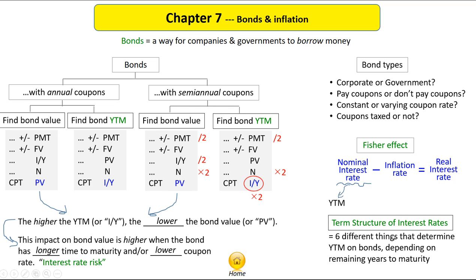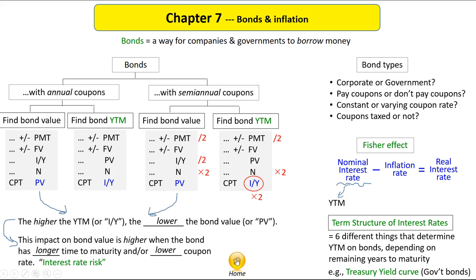So there are a lot of things that are put together in this topic. And one example of the term structure of interest rates was specific to federal government bonds, called the Treasury Yield Curve. That's the graphical relationship between the number of years remaining to maturity and the nominal interest rate on those government bonds.